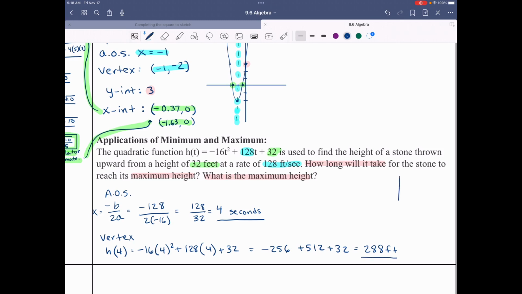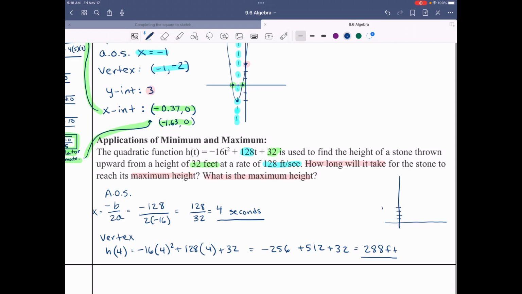You could graph this by hand or on your graphing calculator. Our y-intercept is 32, but we have to go all the way to 288 feet. So let's count by maybe 25s.